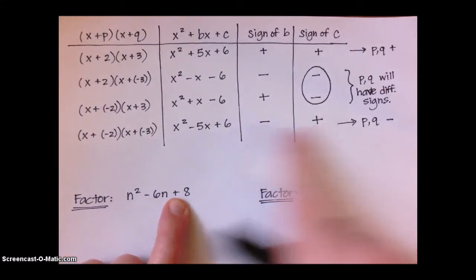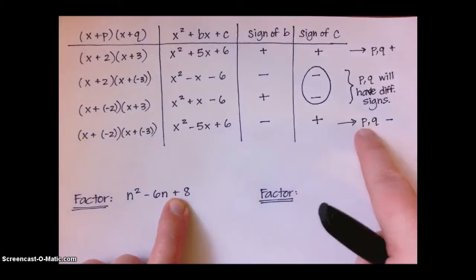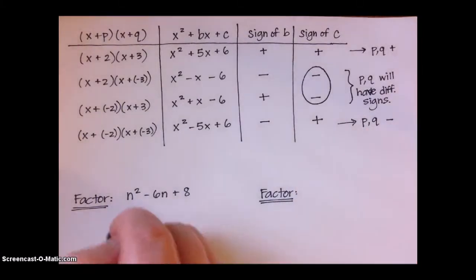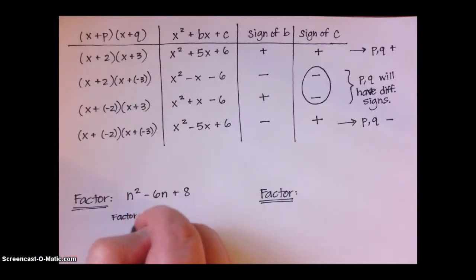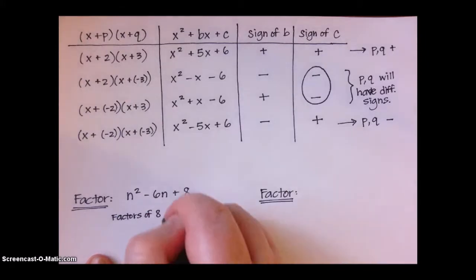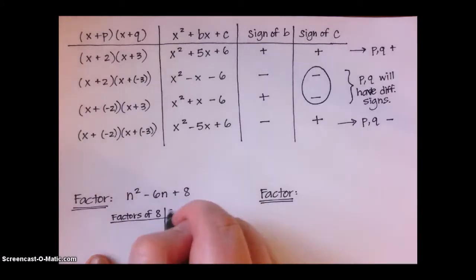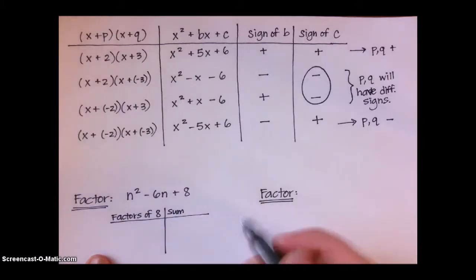So that aligns with this bottom row, which is telling me I'm going to look for p's and q's that are both negative. So like I did before, I'm going to find all of the factors of positive 8. But I'm only going to list negative numbers. And then I'm going to find the sum of those factors.